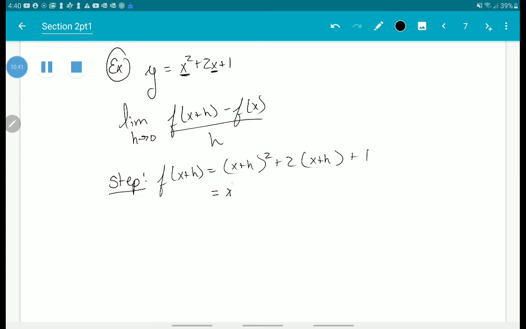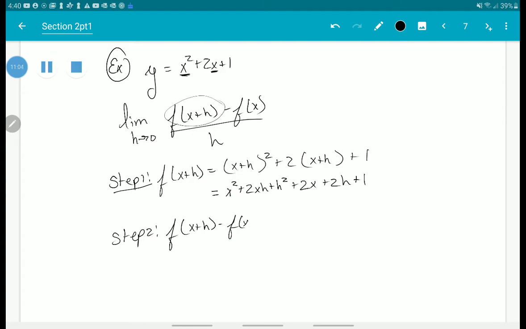If we square this, we have x squared plus 2xh plus h squared plus 2x plus 2h plus 1. So we found this piece.